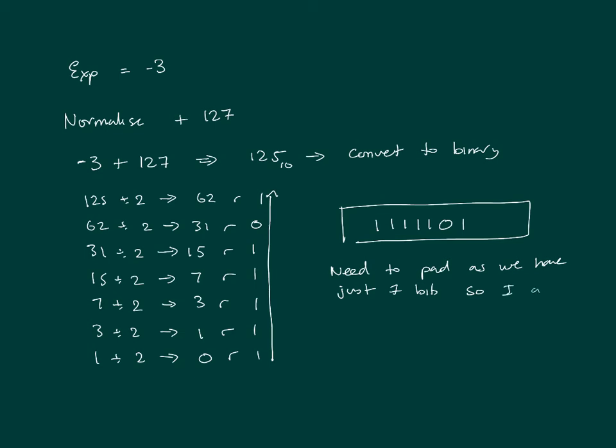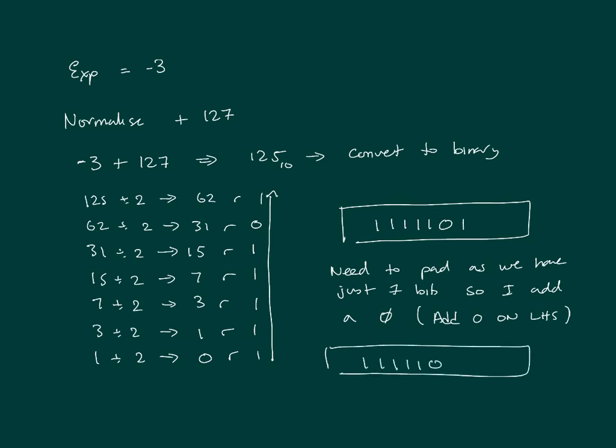So I add a 0, and we always add the 0 on the left hand side. So let me redraw. That's 1, 1, 1, 1, 1, 0, 1. That's 7 bits. And let's add the padded bit. So we have an 8-bit representation, which is the number of bits for the exponent.